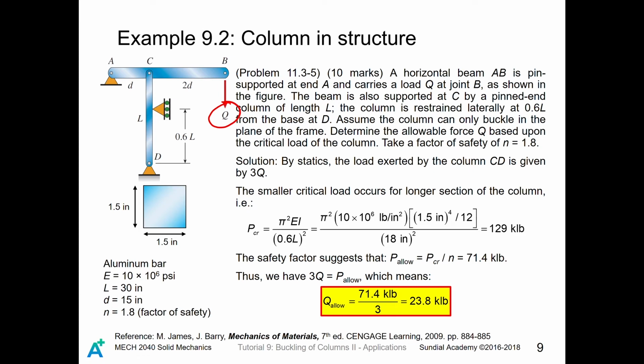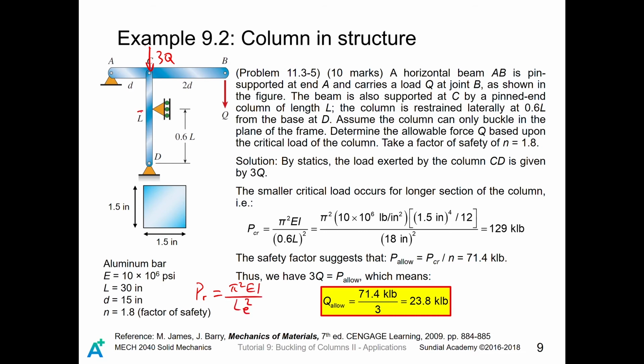To do this, we use simple statics. If here it is Q, then it generates a moment of 3QD. Consequently, there must be a force of 3Q supporting the beam AB, and so the compressive load acting on this column will be 3Q. For this column, it is simply supported, so the critical load equals π²EI divided by the effective length squared.